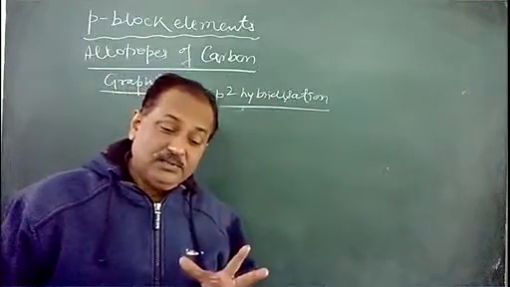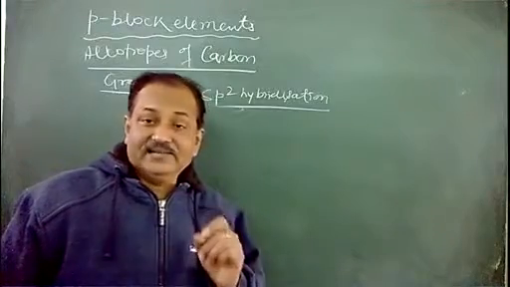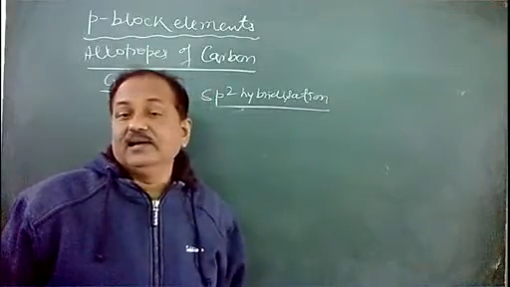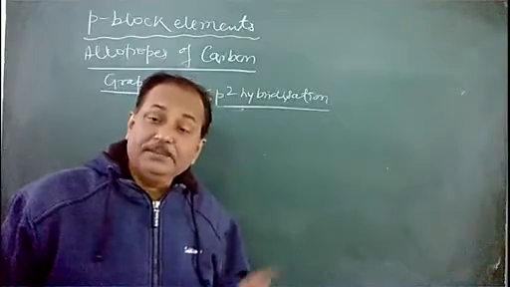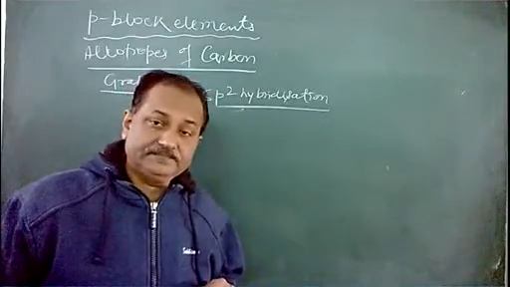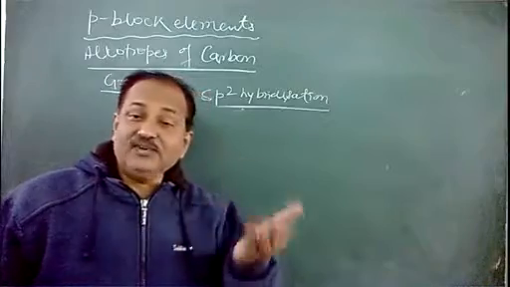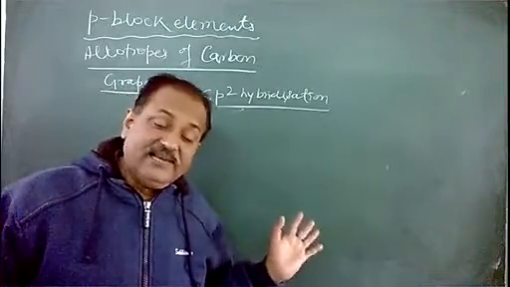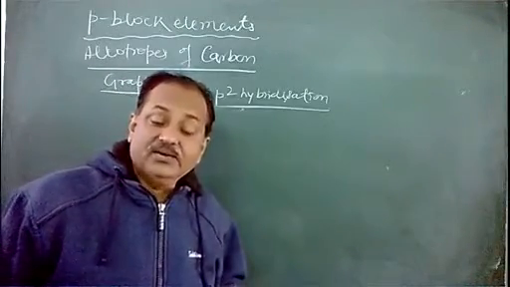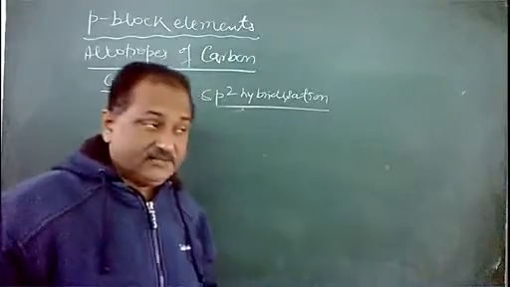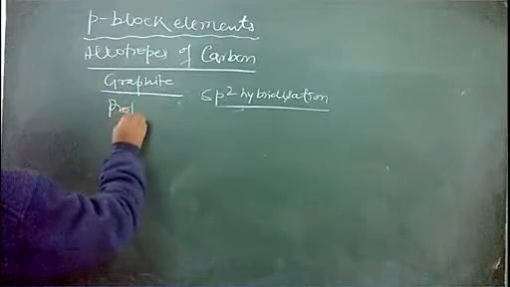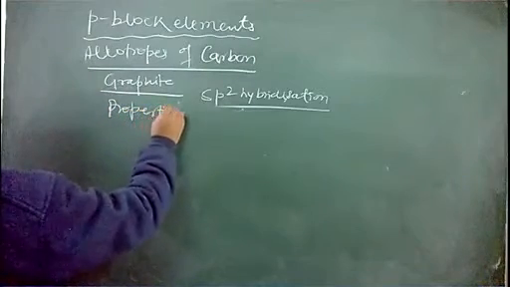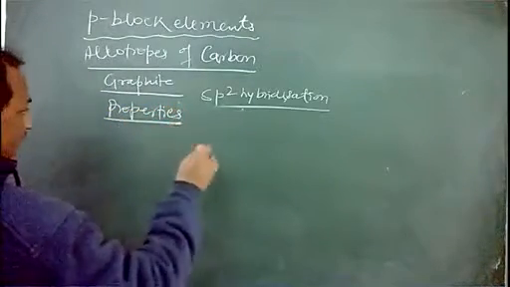Like, as you know, the leads of pencils are very soft. They are slippery to touch. Why? Because of this reason only. The layers can slide over each other, as the layers are held together by van der Waals attractive forces. So, coming to properties of graphite.